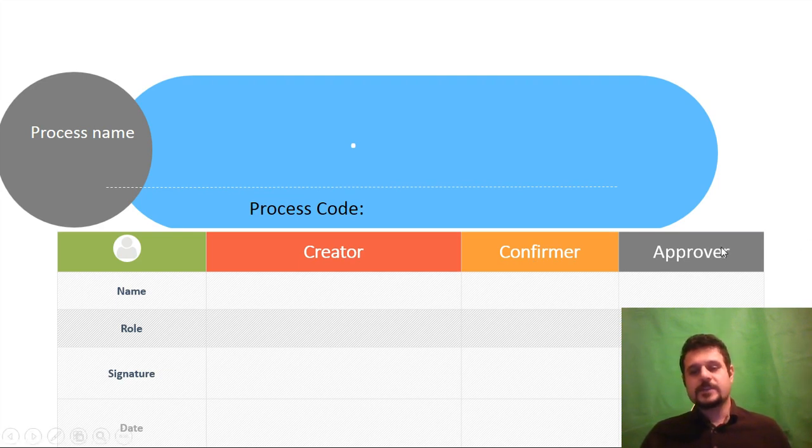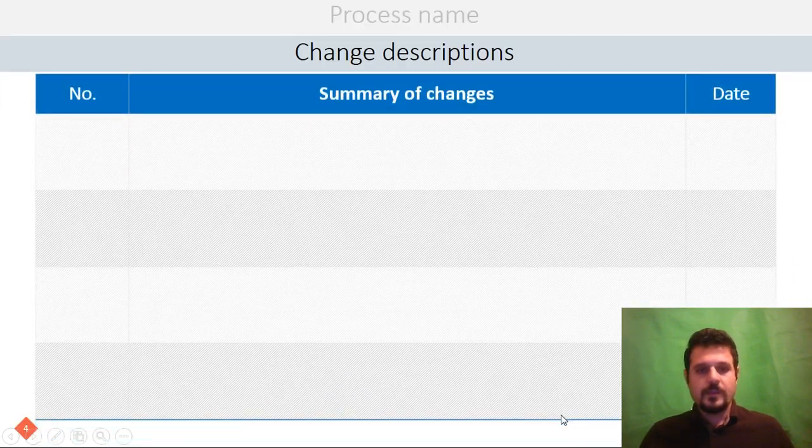And the last is the approver, a person like a process manager. This person is a level upper than the confirmer. For example, the confirmer can be the process owner, the approver can be the process manager. It's related to your organizational structure. We should write name, role, organizational role actually, and sign, and here date.